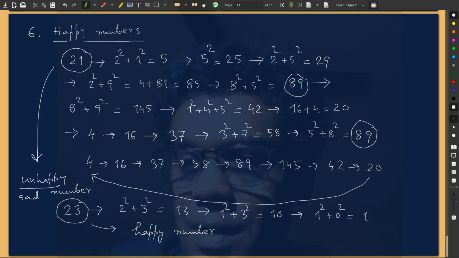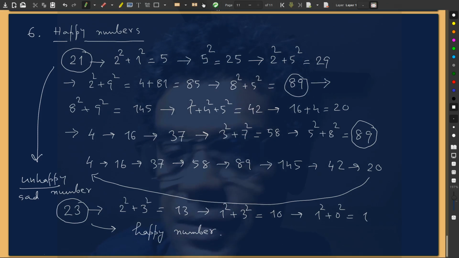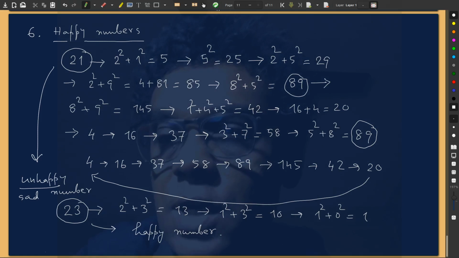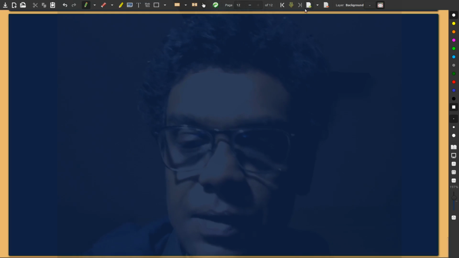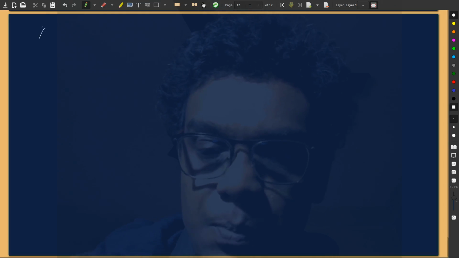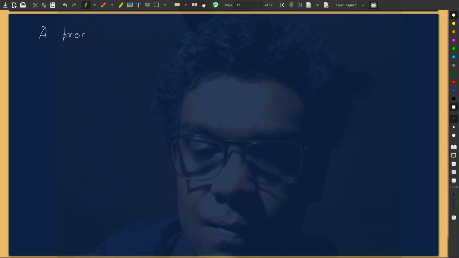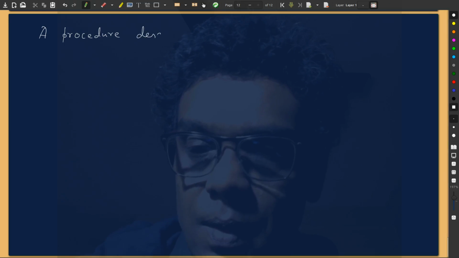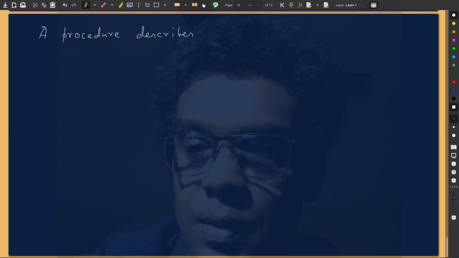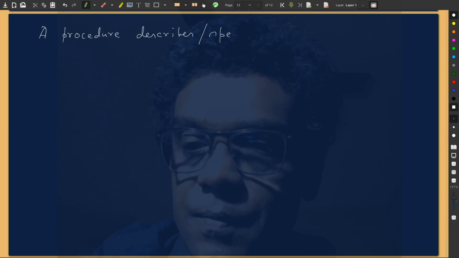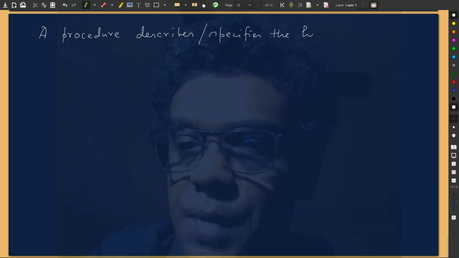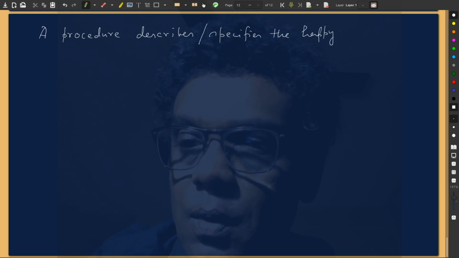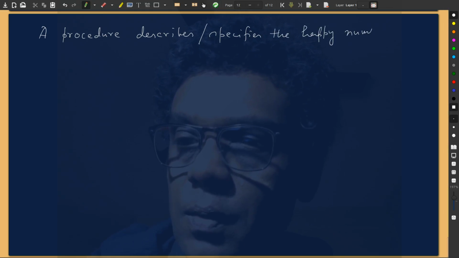Okay. So the reason for me to introduce these happy numbers is here a procedure describes or specifies the happy numbers or the unhappy numbers also. Okay.